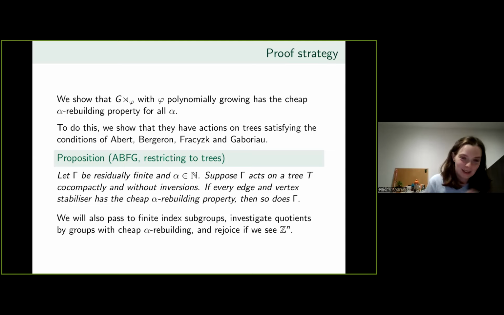So I've taken the easy way out. So we're looking for actions on trees where we understand the stabilizers, understand meaning we know they have this property, and we're also allowed to pass to finite index subgroups whenever it makes our life easier. We're going to investigate quotients by groups which have the cheap alpha rebuilding property, and whenever we see a free abelian group, we're very happy. We win.